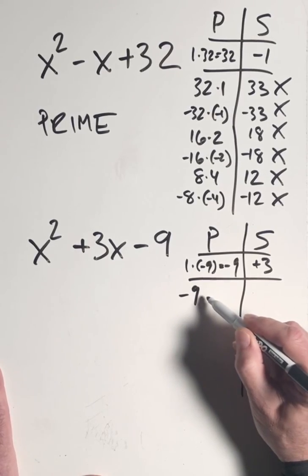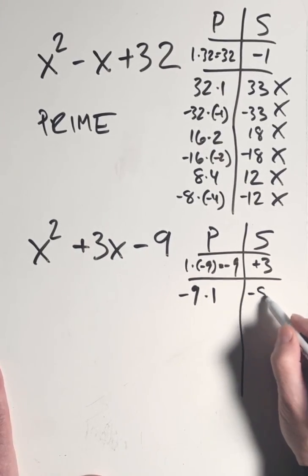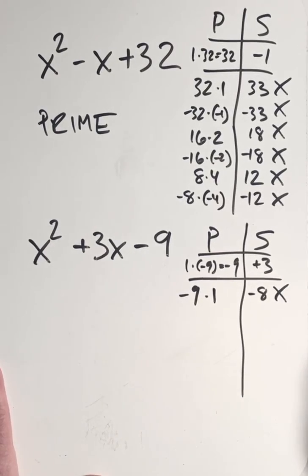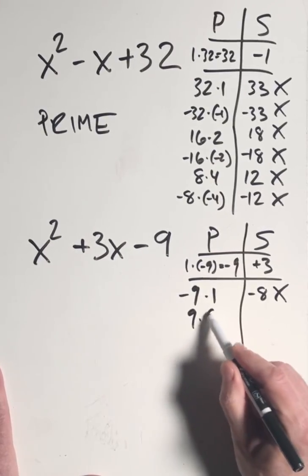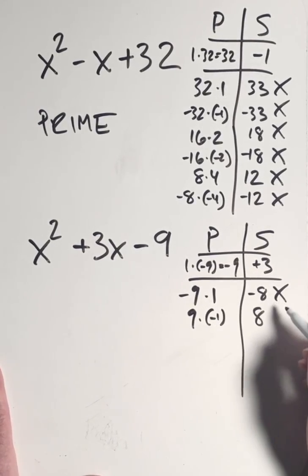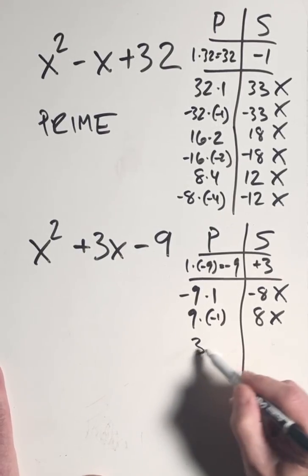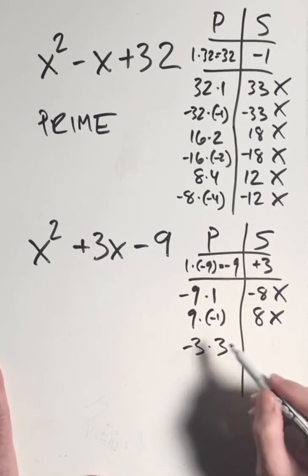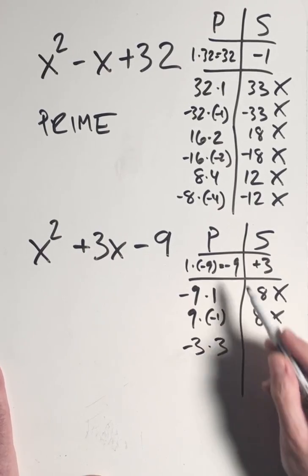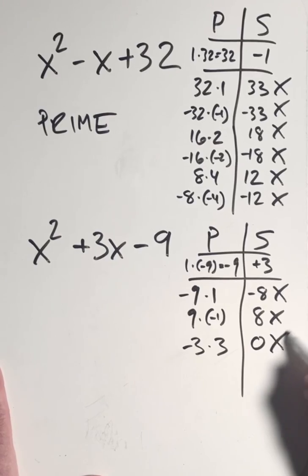Well, I could look at -9 times 1, which equals -9, but that adds to -8, which is not +3. I could look at 9 times -1, which multiplies to -9, but that adds to +8, which is not +3. And I could also look at -3 times 3, which multiplies to -9, but they add to 0, which is not +3.